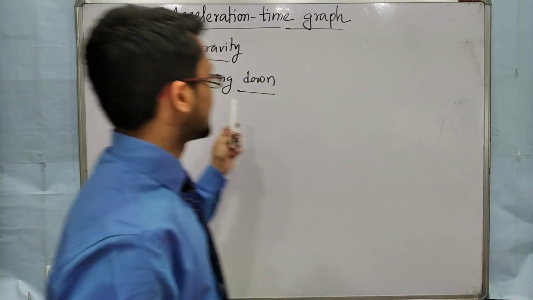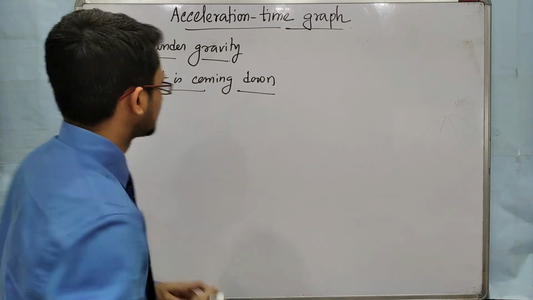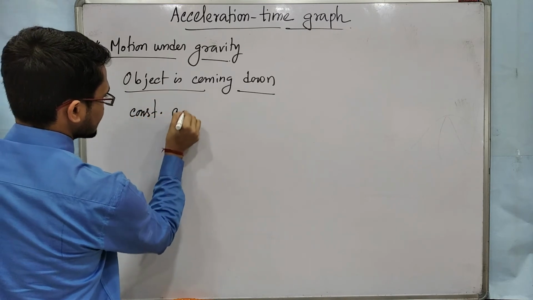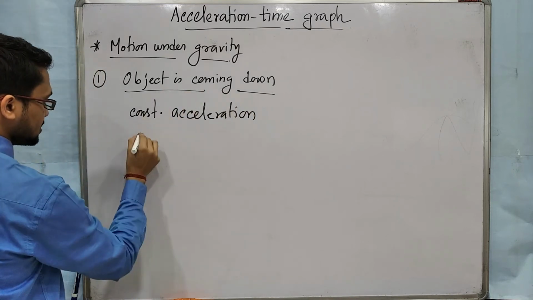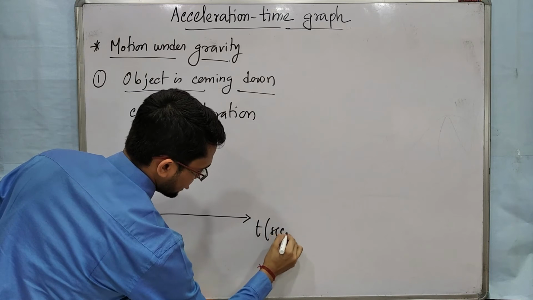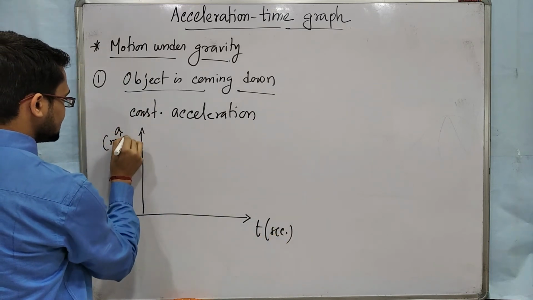So this kind of motion is under constant acceleration, right? The graph will look like this. Constant acceleration means a straight line parallel to the time axis.